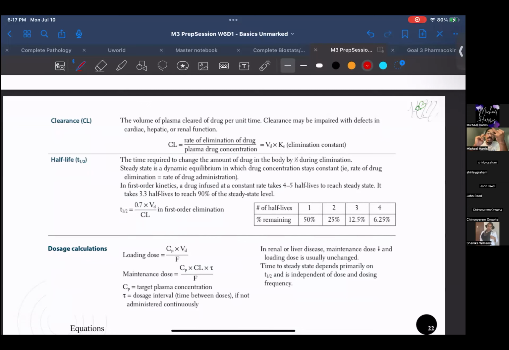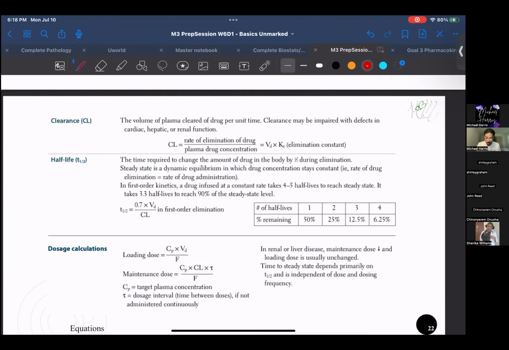Because you need to know how fast you are eliminating a drug to know how much you need to put back into the body so you can maintain the same drug concentration in the body. So that's why it's so important to know how much you clear a drug.